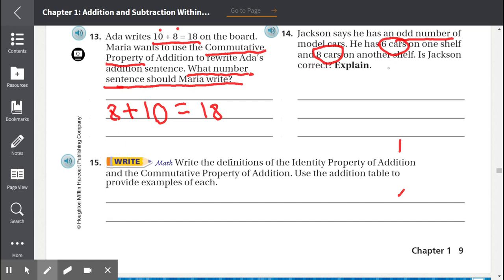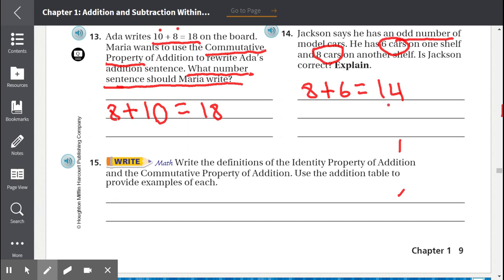So we have 8 plus 6. 8 plus 6 equals 14. So we had 6 cars on one shelf and 8 cars on another shelf. Let's see if that equals an odd number by looking at the last number, the number at the end.